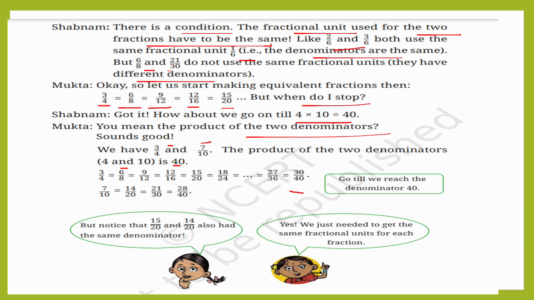Go till we reach the denominator 40. But notice that 15 by 20 and 14 by 20 also had the same denominator 20. Yes, we just needed to get the same fractional units for each fraction. See, fractional units must be same.